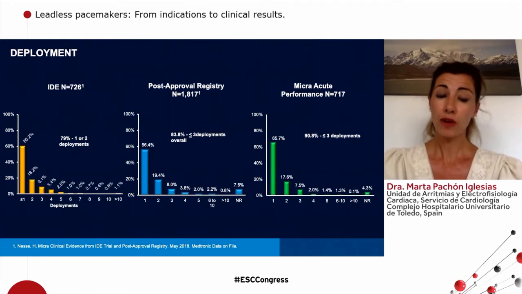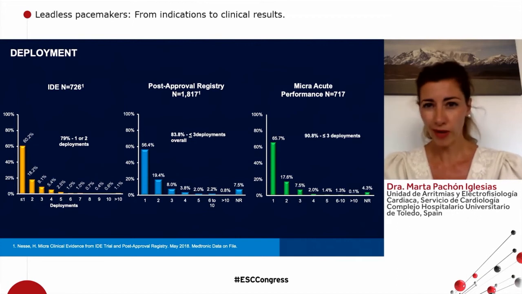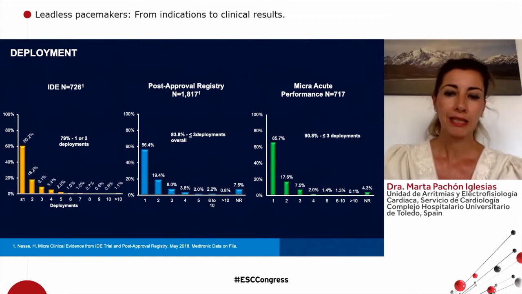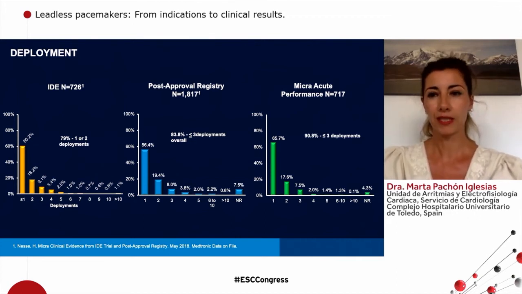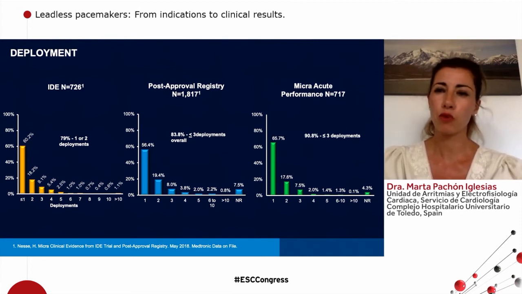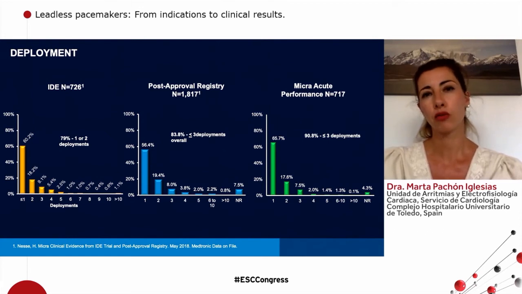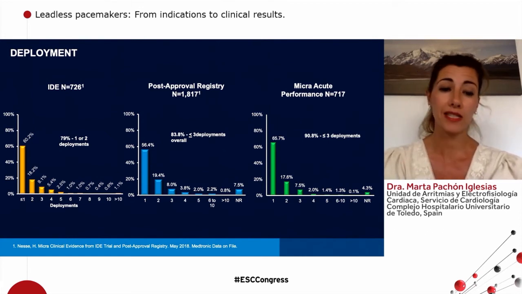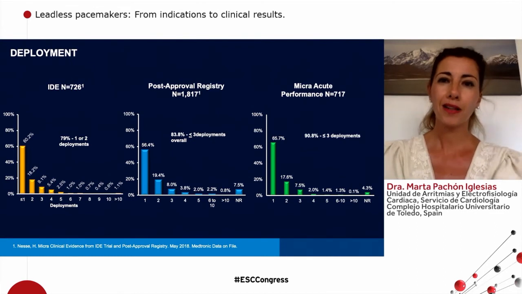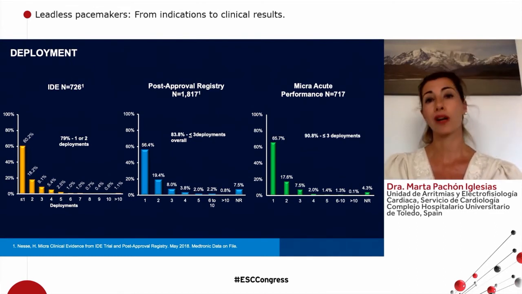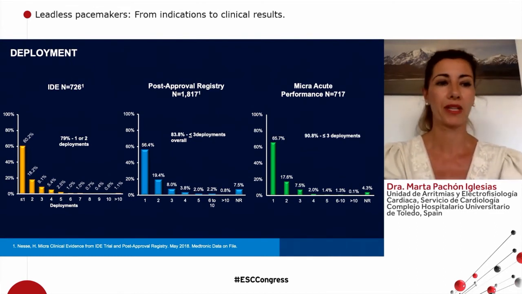The number of Micra deployments required for successful implant has also improved. In the Micra Acute Performance, more than 90% of the patients required 3 or fewer deployments, and 2/3 of the patients required just 1 deployment.